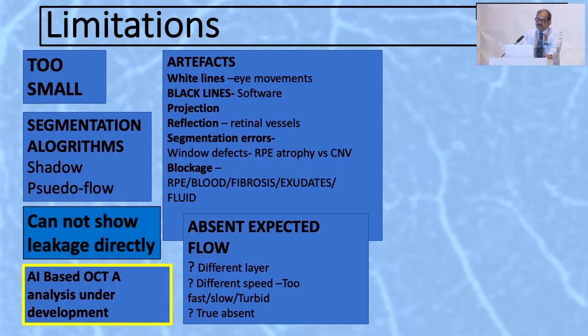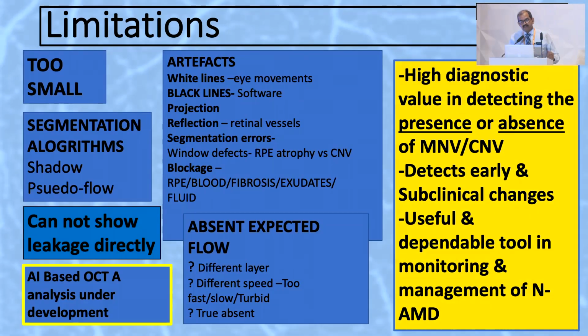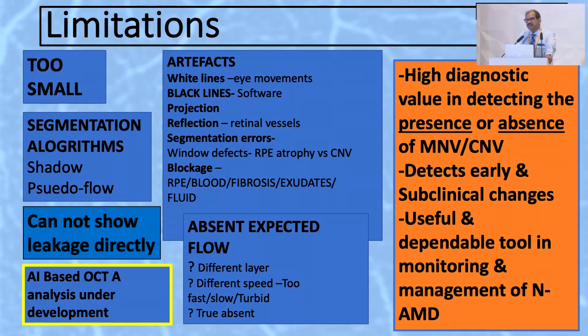There are limitations of OCT angiography. In most of the machines, the area scanned is too small. There are various artifacts, segmentation errors, and it does not show leakage directly. But in spite of that, it has high diagnostic value in detecting the presence or absence of macular neovascularization.